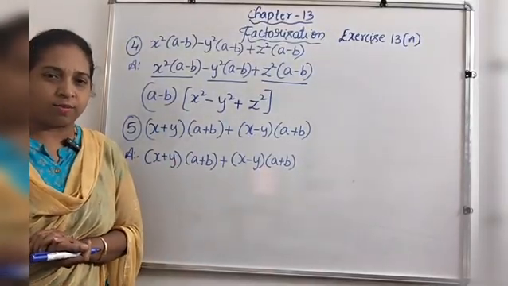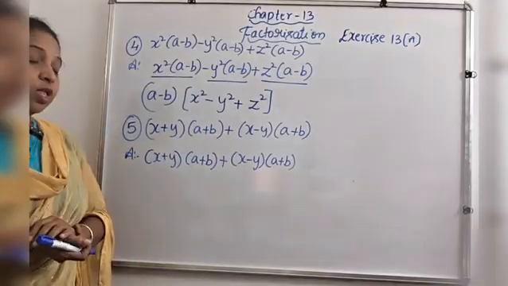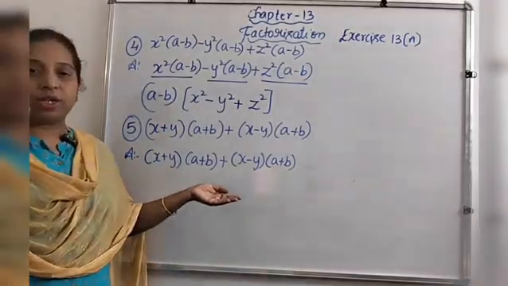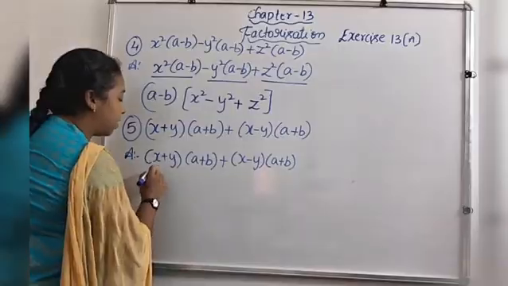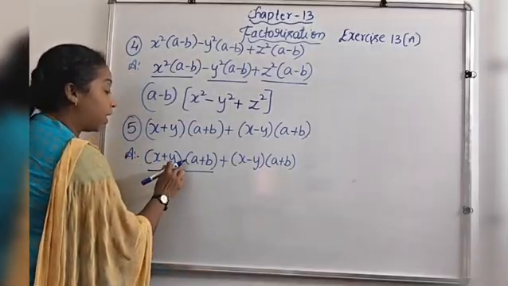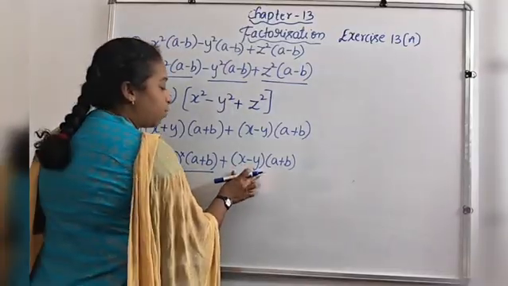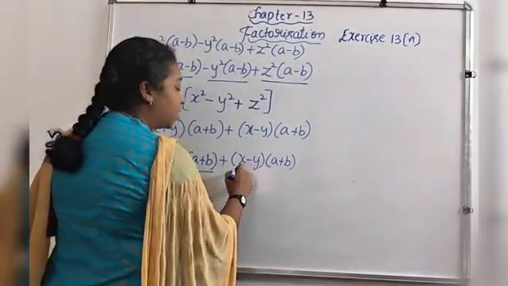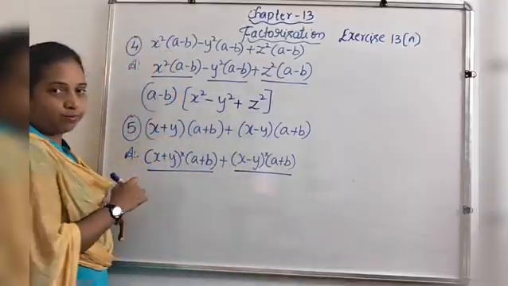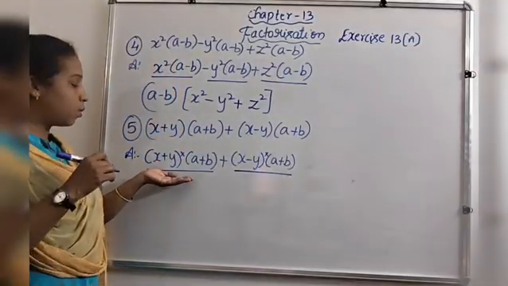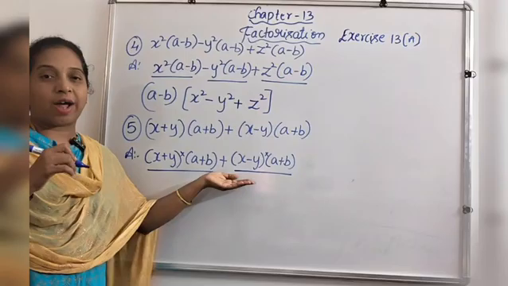You may say 4 terms, right? No. So here there are only 2 terms. Why? Because see, x plus y into a plus b, that means here 1. x minus y into a plus b, that means here 2. Right?